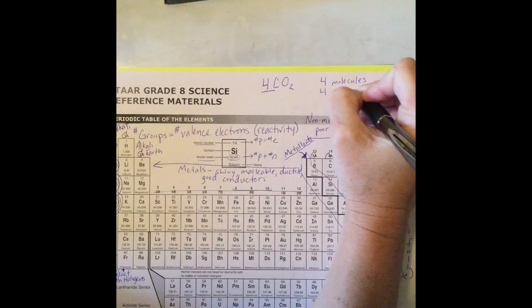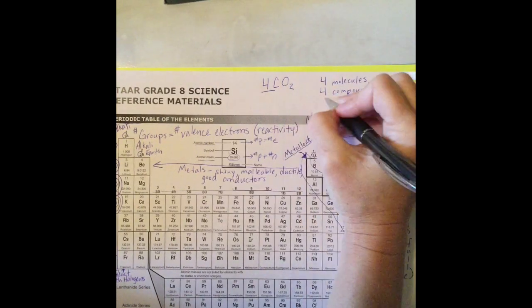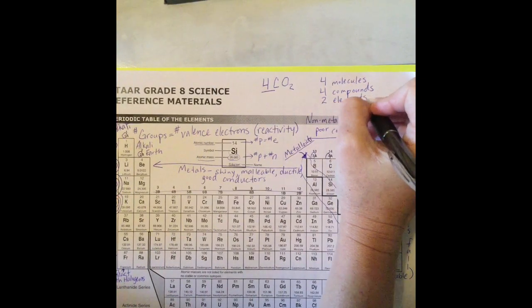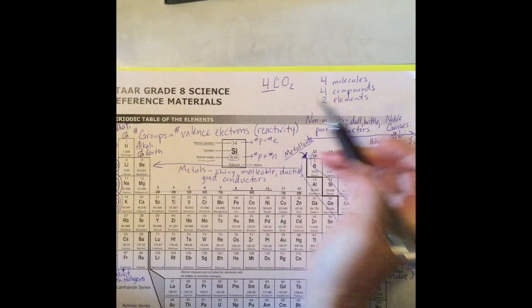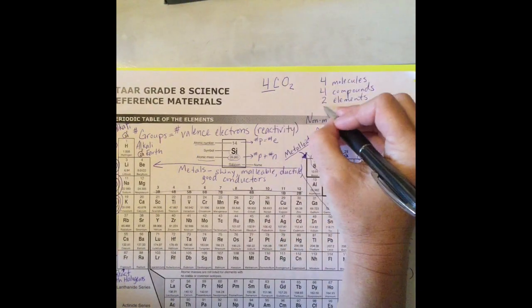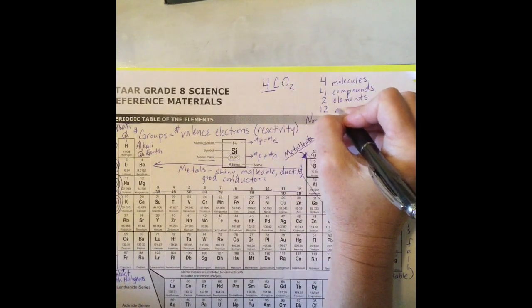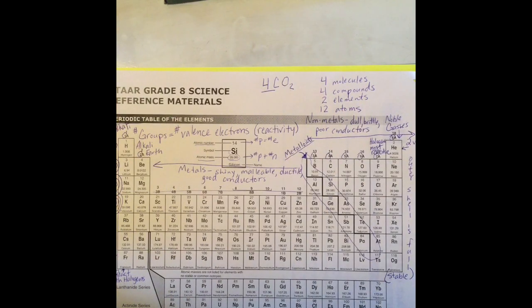Because carbon dioxide has 2 elements, and a compound is anything with 2 separate elements or more. And then when we count the atoms, we have to remember the role of subscripts and coefficients. You have to multiply those in order to get total atoms. So we have 8 atoms of oxygen and 4 of carbon, so we have 12 total atoms. So we're going to be looking at that more tomorrow with our balancing equations.